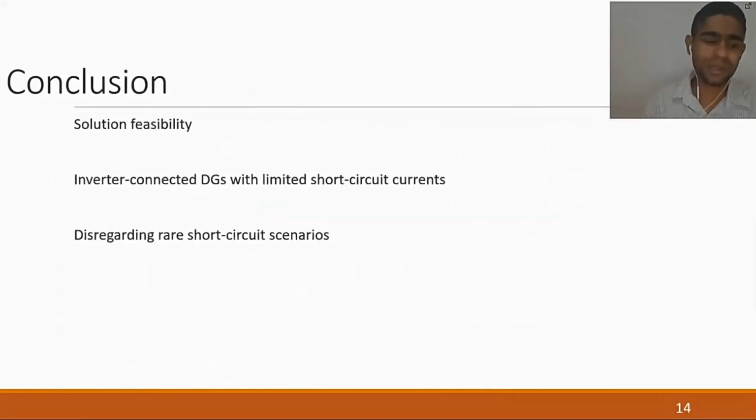In conclusion, our proposal provides solutions feasible considering technical and economic aspects. Our method to limit the short circuit currents in the inverter-connected DGs has impacts on the pickup currents for the IIDs, which mitigates the probability of misoperation.